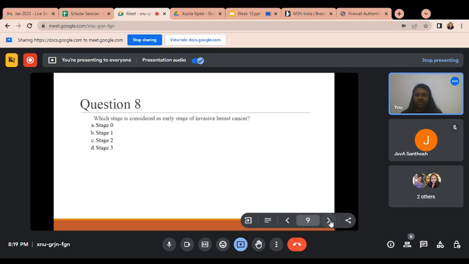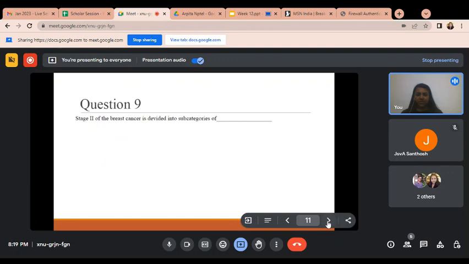Okay. Then the next question is which stage is considered an early stage of invasive breast cancer? So the right option is option B, stage 1.